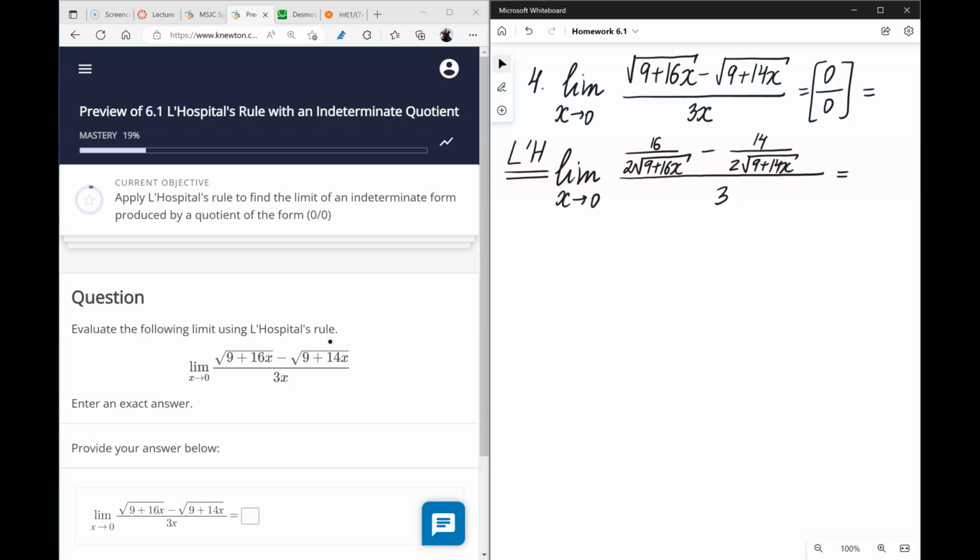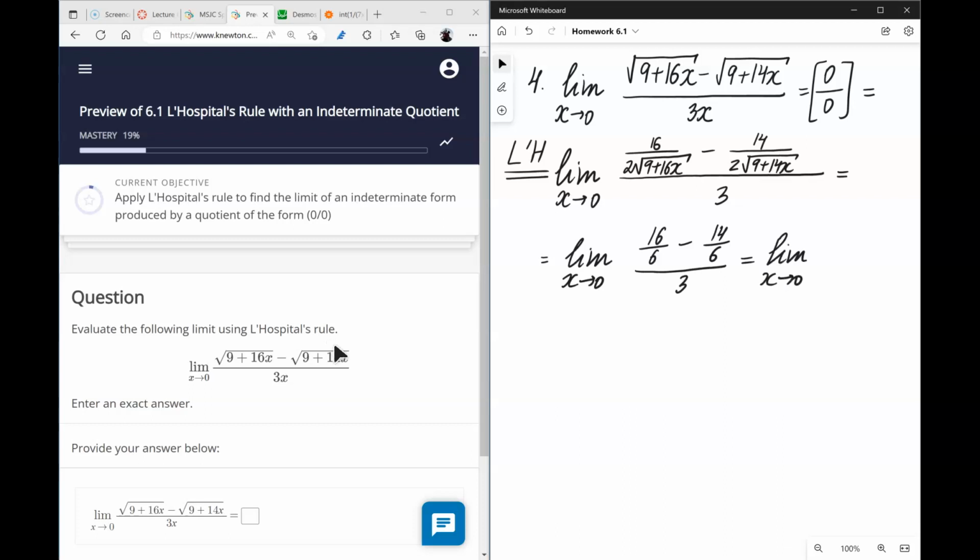And simplifying this, what do we have? As x goes to 0, we have 16 over 6 minus 14 over 6, all that divided by 3. Actually, it does become a much simpler problem.